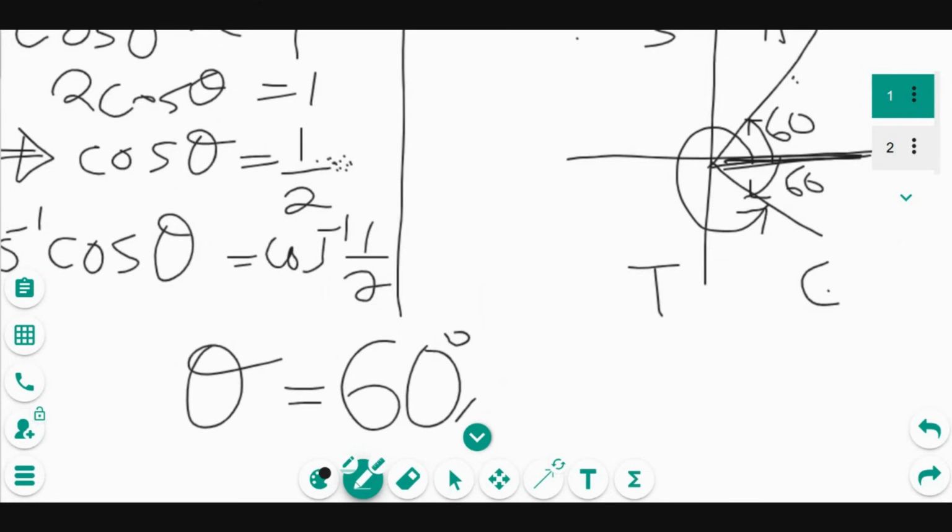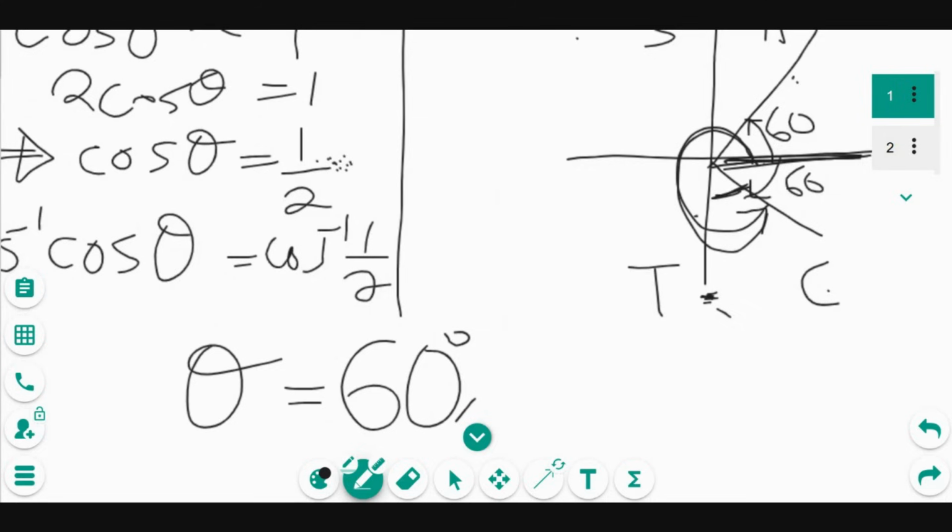The other value of theta, I want to know the value of this. There are several ways you can know. I know that from here up to here is 270, and the remaining quadrant is 90. So if I'm remaining with this 60 on this side, that means this portion is 30.